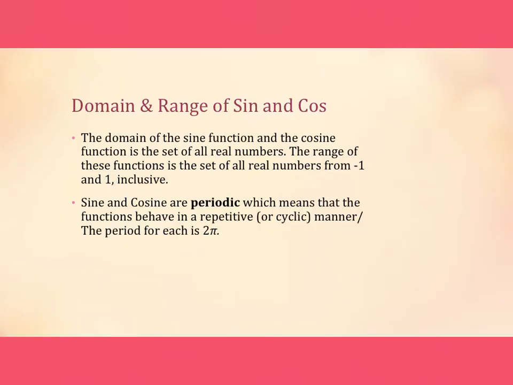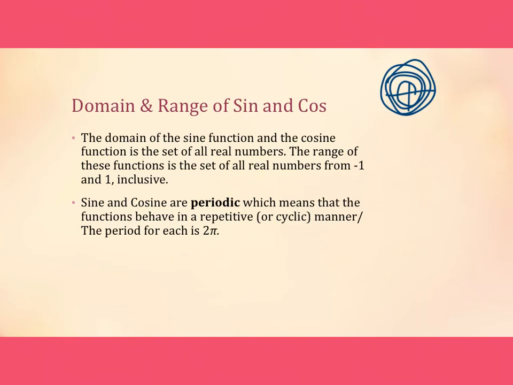All right, domain and range of sine and cosine. So the domain of the sine function and the cosine function is the set of all real numbers. This is because you can literally take and go around that circle an infinite amount of times, and your numbers are going to range from 0 to positives to negatives, all sorts of numbers that fall within there.